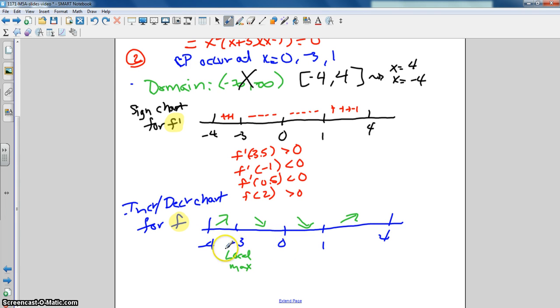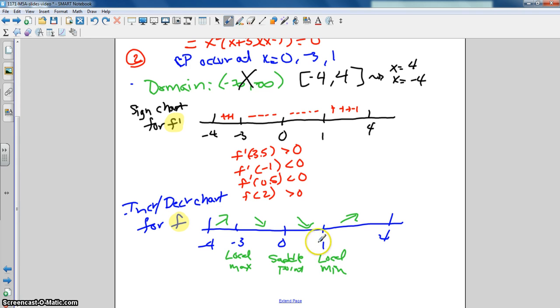At 0, I'll come back to the endpoints in just a minute. At 0, it's decreasing and decreasing. This is actually a saddle point. It does not switch, but yet the first derivative is equal to 0 there. Now at positive 1, it goes from decreasing to increasing. This is a local min.